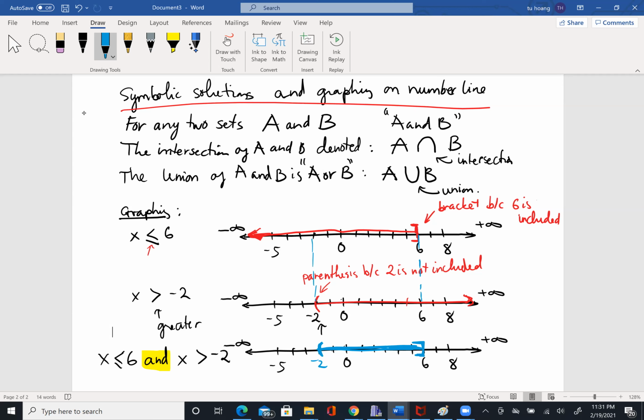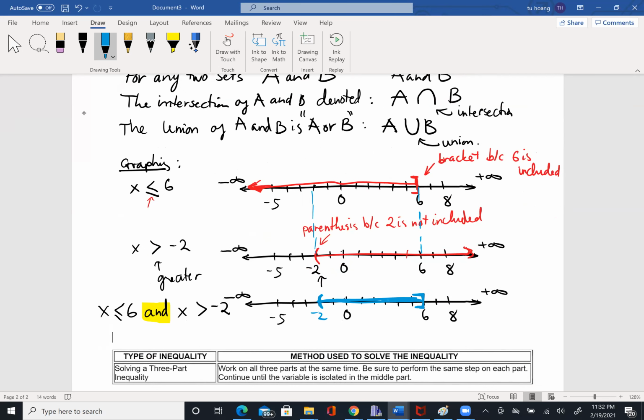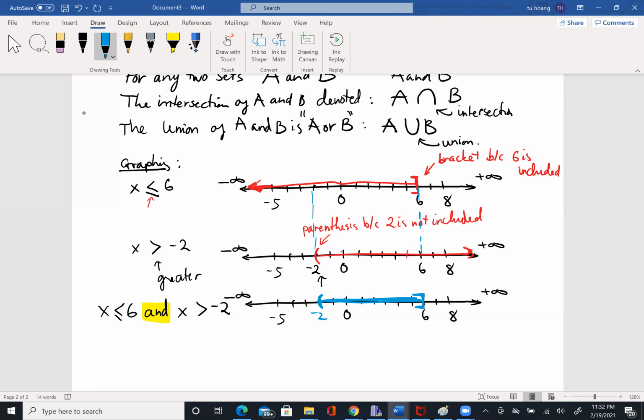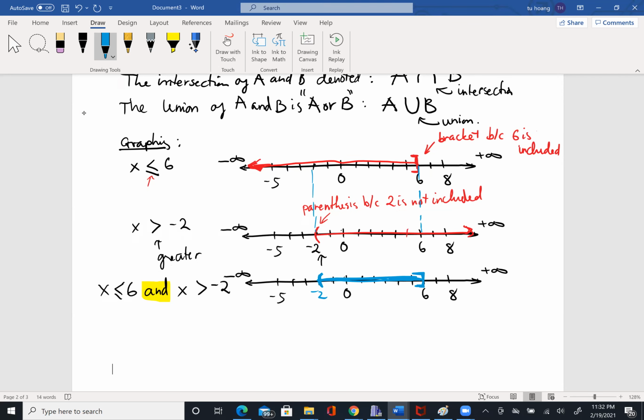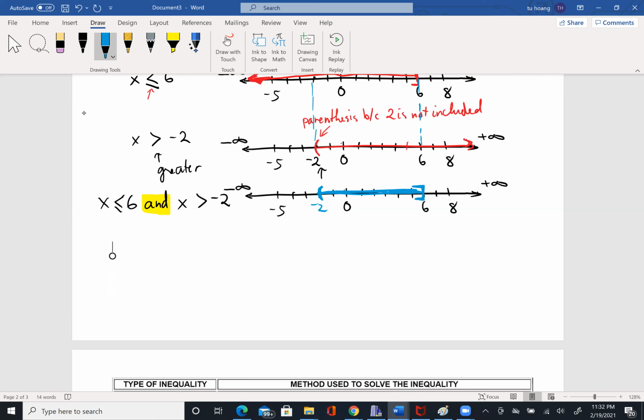All right. And now I would like to also show you x less than or equal to 6 or x greater than -2.